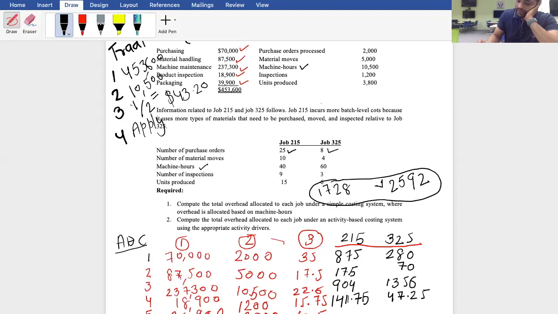So the rate is 10.5 multiplied by 15, which is 157.5 and 10.5 multiplied by 6, which is 63.